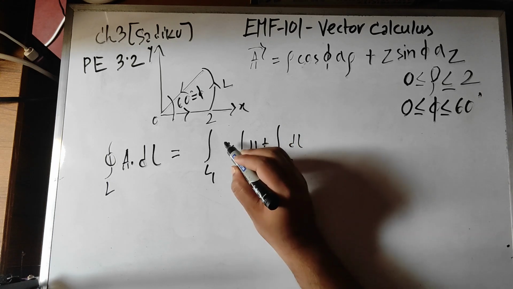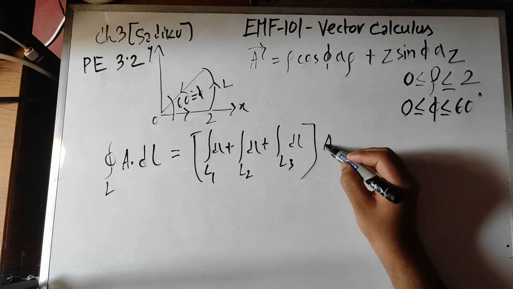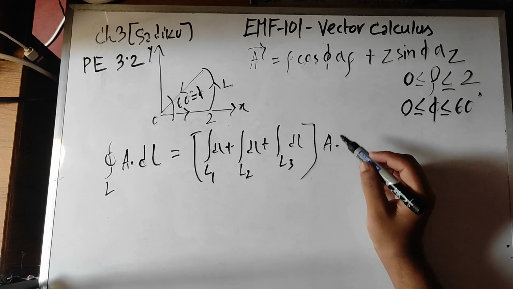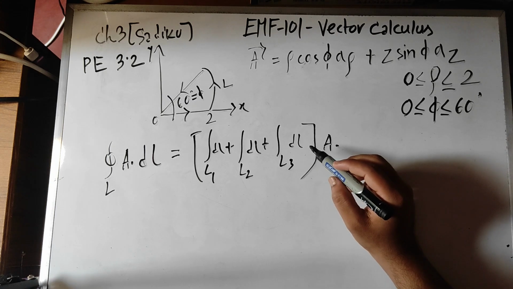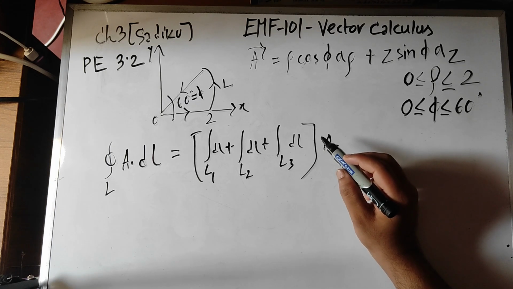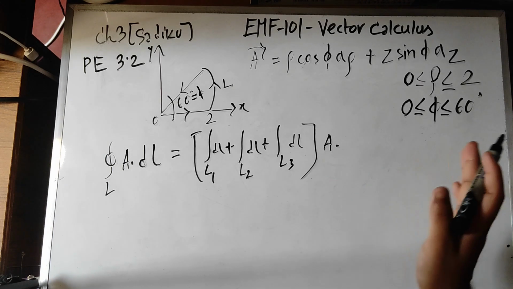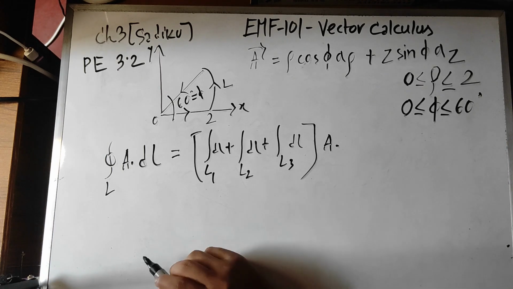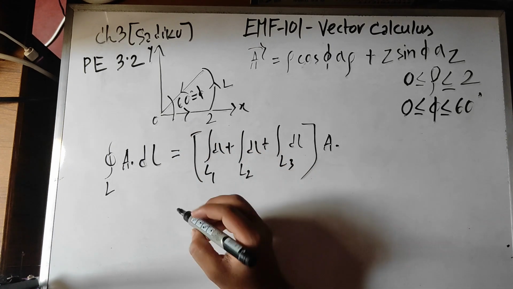Each of these is an integral of A dot dl. We are going to integrate and get the result in segments, by doing part integration. Say the first part is from 0 to 2.